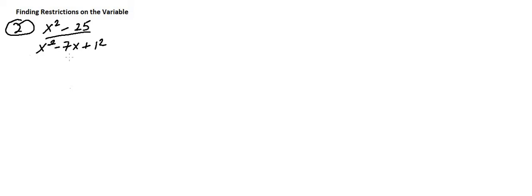We need to find the restriction on this one. So we look at the denominator. When it comes to finding the restrictions, we ignore the top number. We just look at the bottom number or the bottom equation. So the bottom equation is x squared minus 7x plus 12.